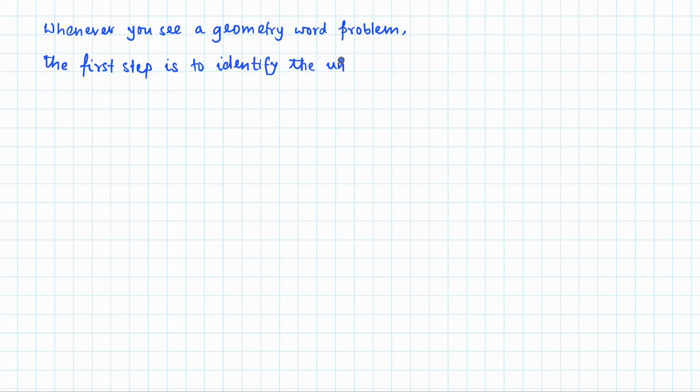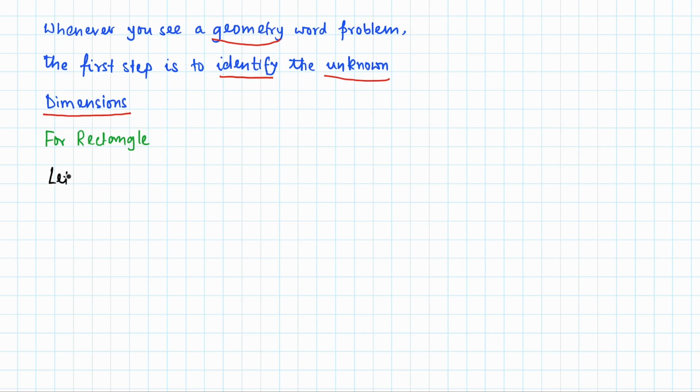That is the most important thing. We have to identify the unknown dimensions, and those are the variables we will assign. These unknown dimensions are very important when any geometry is involved. These dimensions are nothing but the length, the breadth, or the base and the sides of the triangle.